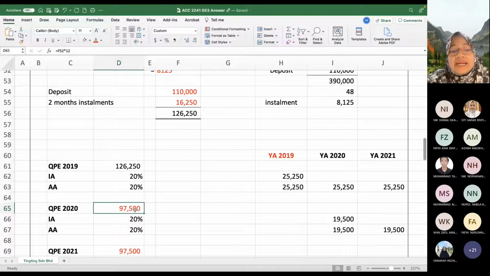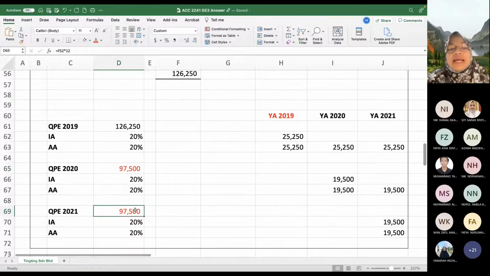So you get 97,500, the QE for 2020, and similarly for 2021 you have another 12 months. You still have to pay in 2022 because it's 48 months, but because the question only requires you to do the tax computation until YA 2021, you don't have to do 2022.